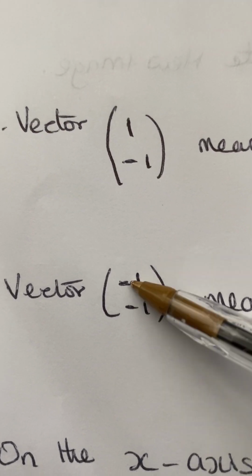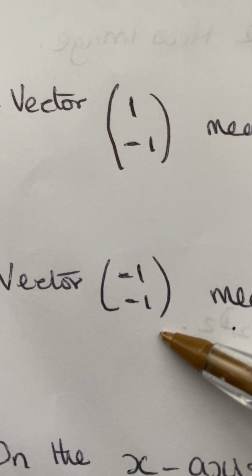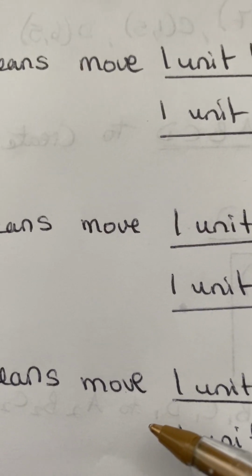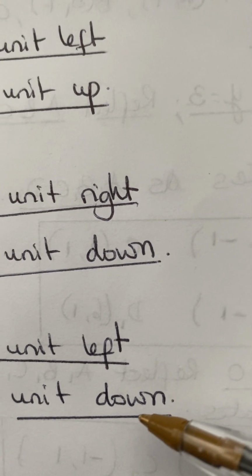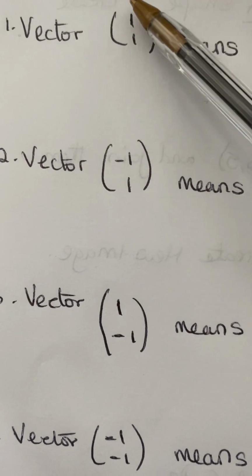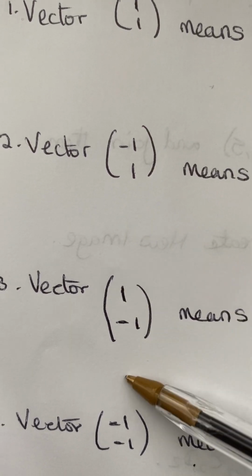The vector minus 1, minus 1 means 1 unit left, 1 unit down. I made it 1, 1 so that you understand.